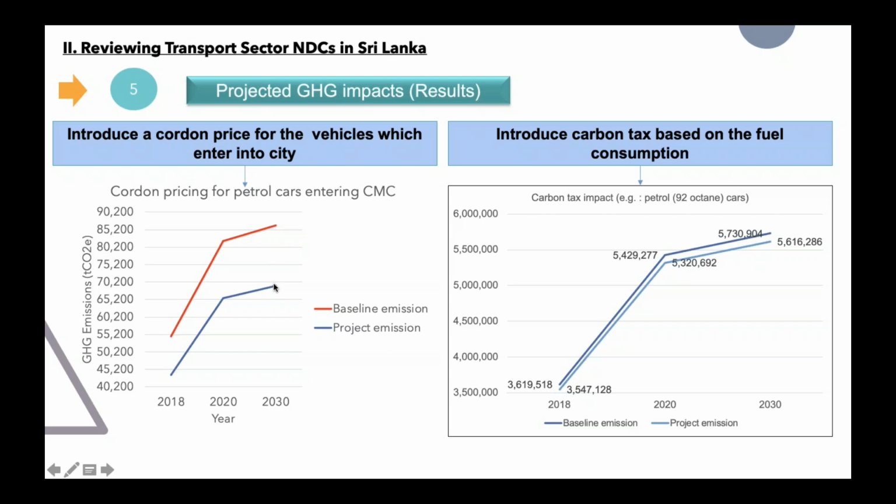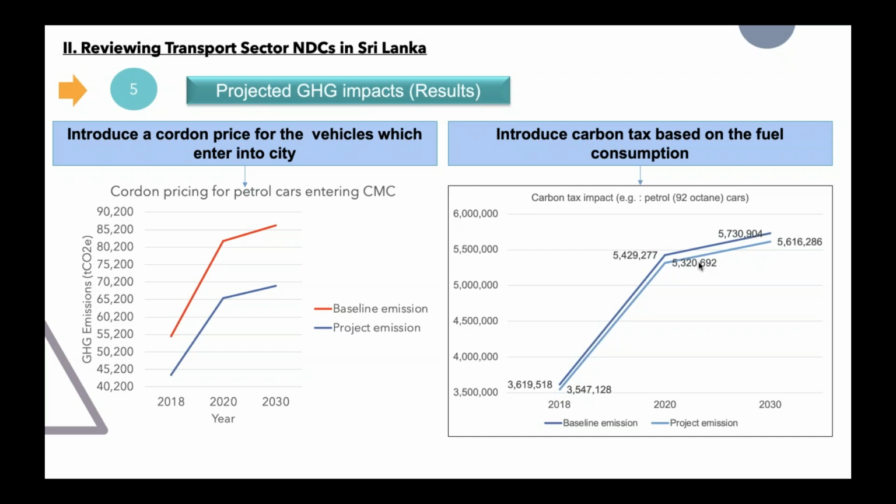With the cordon price, it can be reduced to around 70,000. This is also a significant reduction because it is only for one city. And the same thing, if you apply the carbon tax on a scientific basis, it can also help reduce the emissions by around 100,000, because this year you are going to set the carbon tax on the fuel.